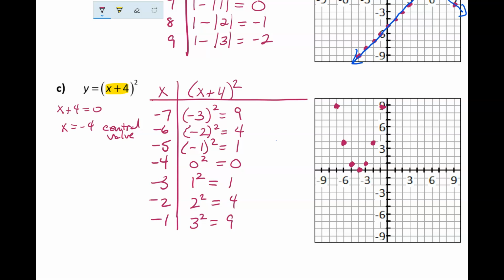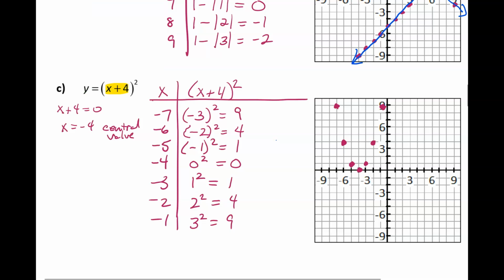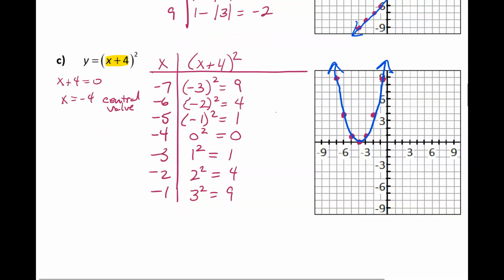And I think you can see where this is going. The next value that we would get on the y column would be 16, and that would be too big to graph. So that's enough. We may have to do more points if there are more points that fit on the graph, depending upon how this function is transformed. Let's do one more.